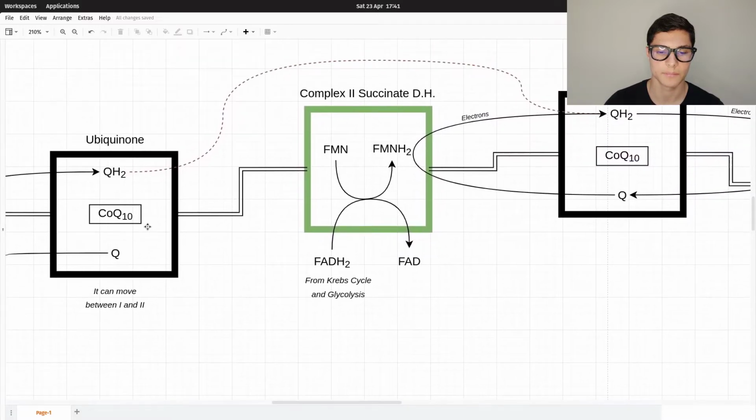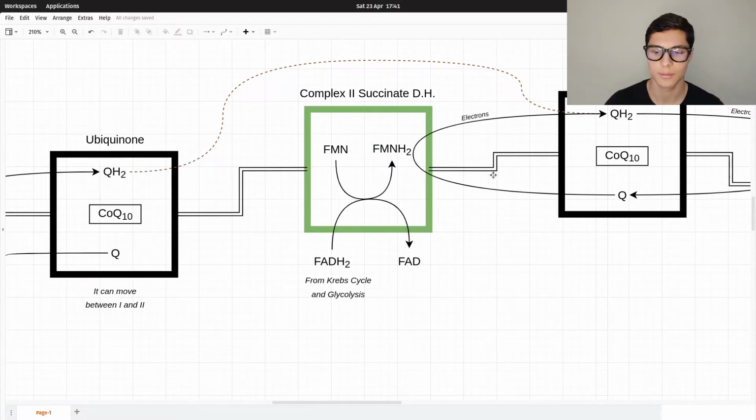At the same time, on complex number 2, which is called succinate dehydrogenase, which is an enzyme involved in the Krebs cycle, if you remember, we get FADH2 from the Krebs cycle and glycolysis, and we create FAD. We donate those electrons to flavin mononucleotide to create its reduced form.